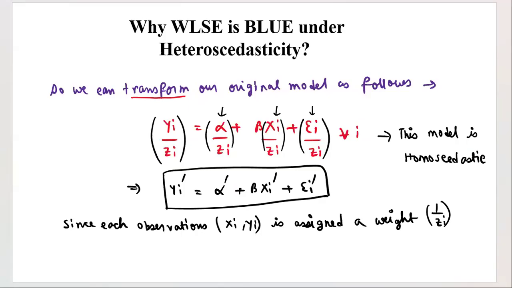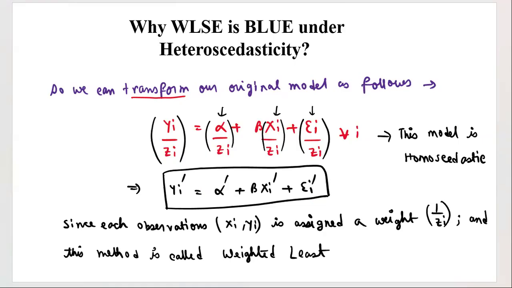If this is the case, assign the weight, and this method is called weighted least squares, or WLS, right? This method is called the weighted least square method or WLS method.